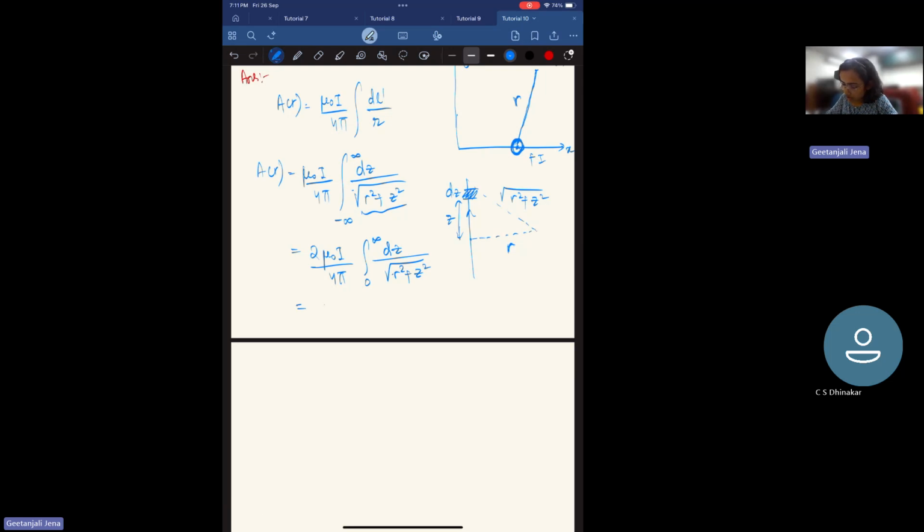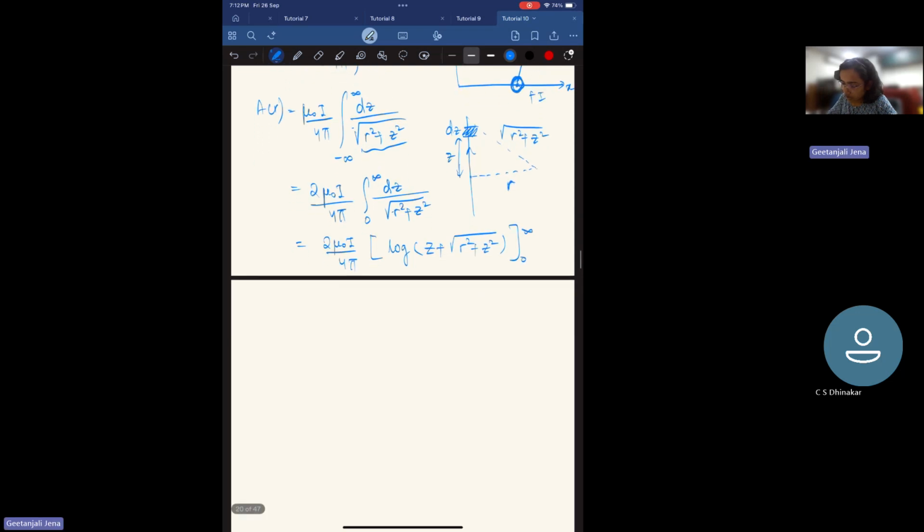So this is 2 mu naught I by 4 pi log of z plus square root of r squared plus z squared, from 0 to infinity.